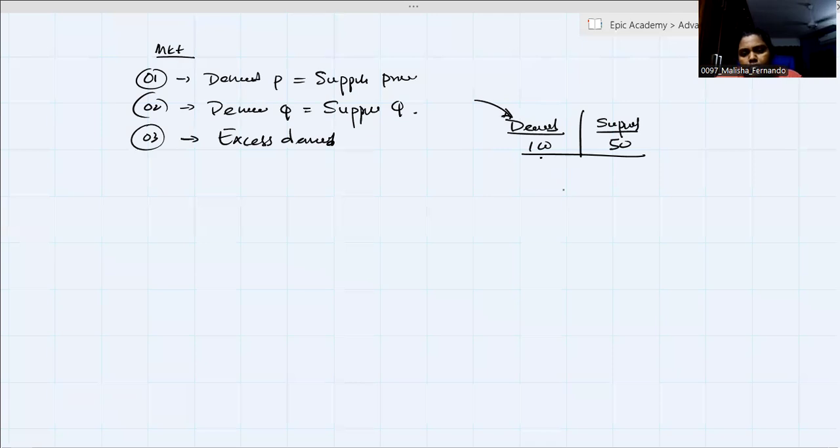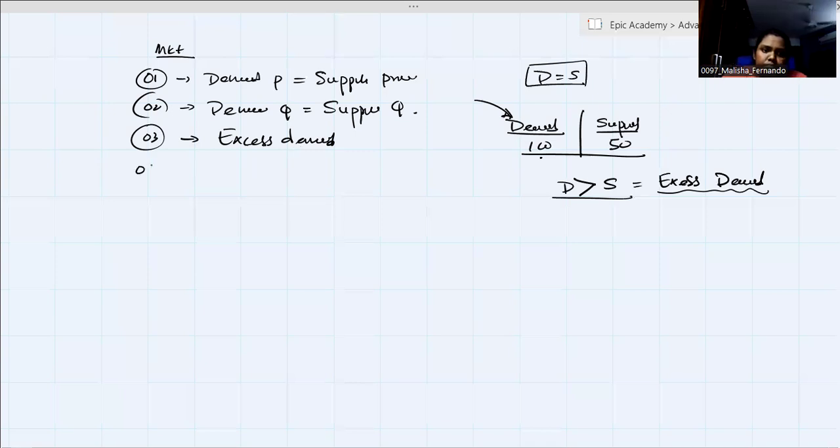So now you can identify that the quantity demanded takes a greater value than the quantity supplied. So we call it excess demand. Those are very important factors for other calculations in the future. But in the equilibrium position, demand quantity is exactly equal to supply quantity. So there is no excess demand.